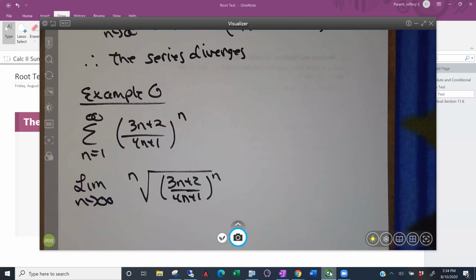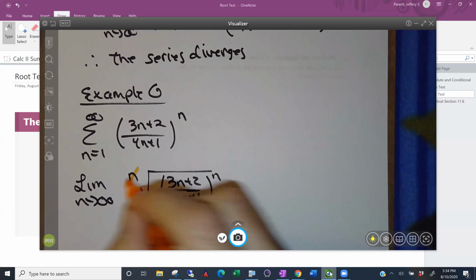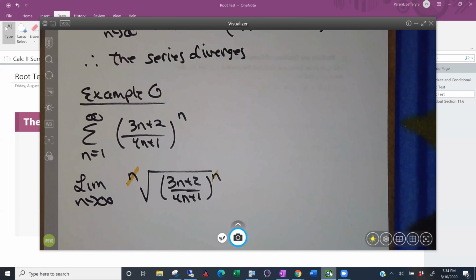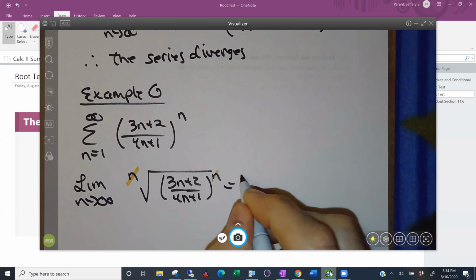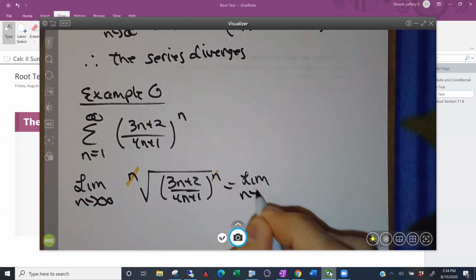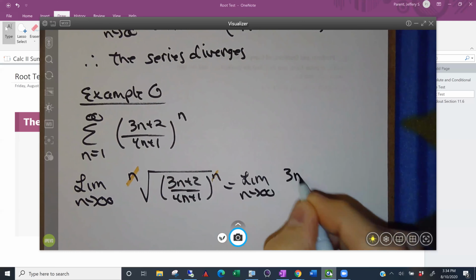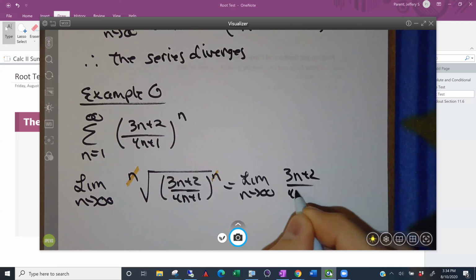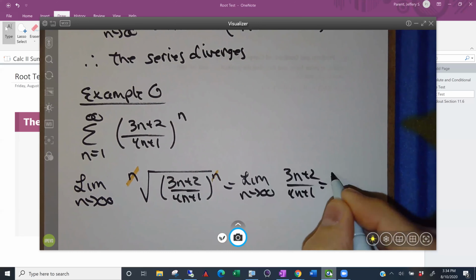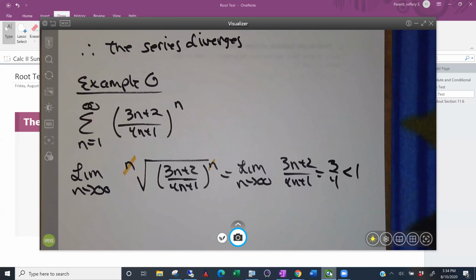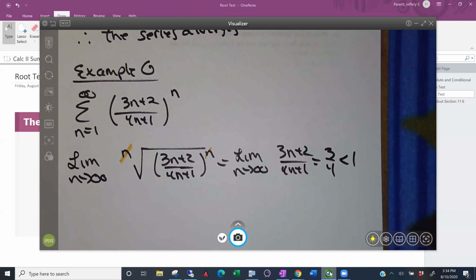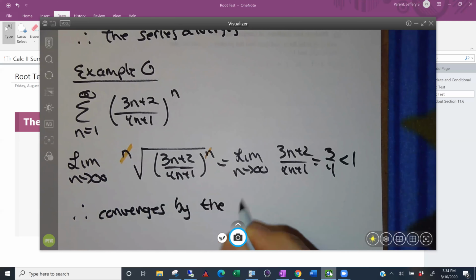Now, kind of like our last example, those n's are going to cancel, and I'm left with the limit as n approaches infinity of 3n plus 2 over 4n plus 1. And that limit is 3/4. So it converges by the root test.